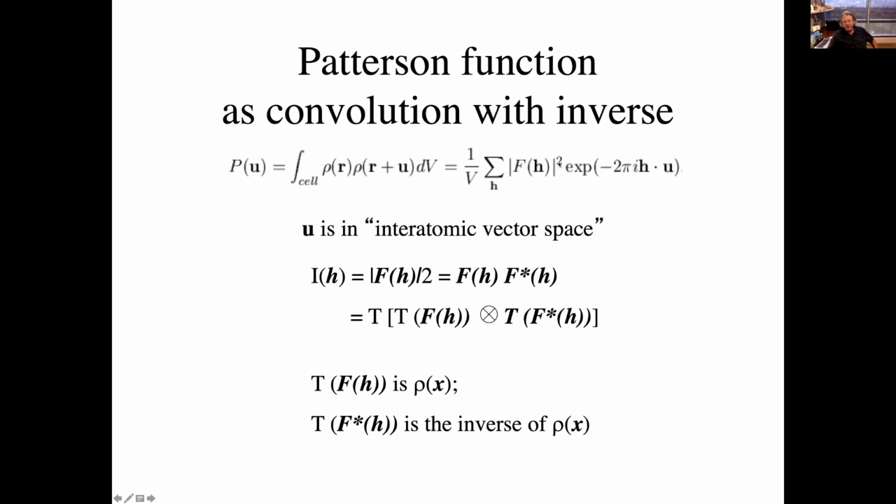So F of h squared, the magnitude of the structure factor squared, which is Fourier transformed, gives this Patterson map. And U, V, W is like an XYZ value, but in this interatomic distance space.